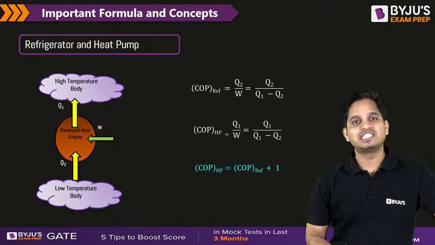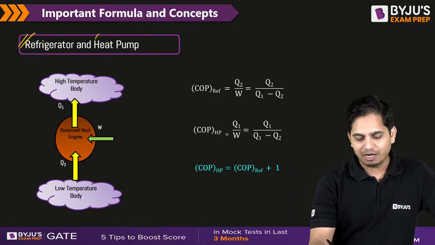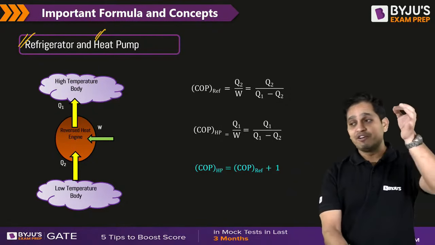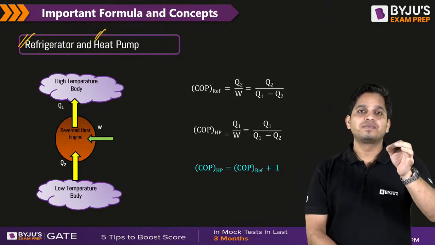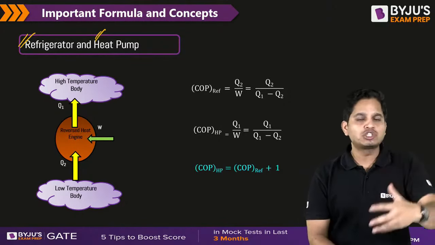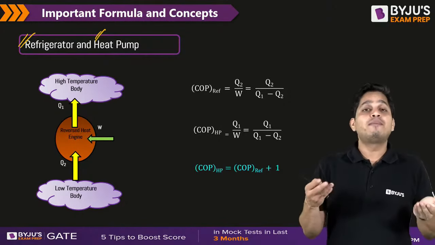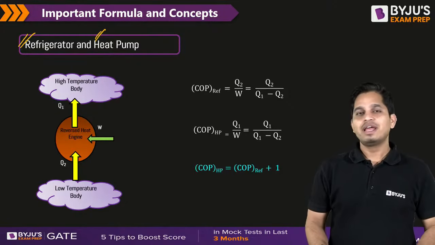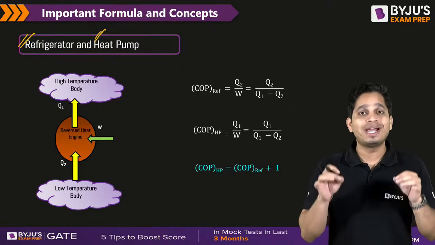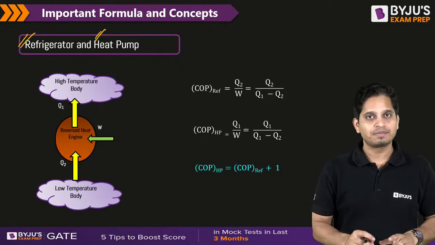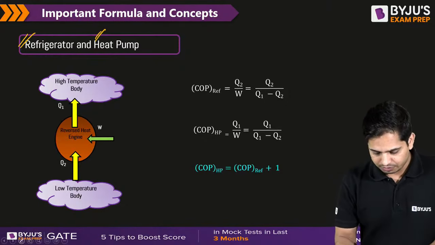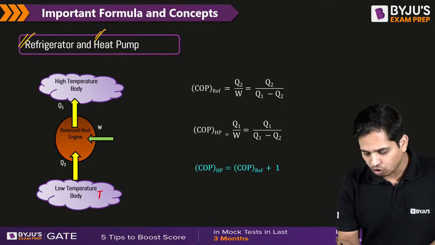And these devices are called refrigerator and heat pump. Now a refrigerator is a device that is developed to maintain a lower temperature. The purpose of a refrigerator is to maintain the lower temperature.